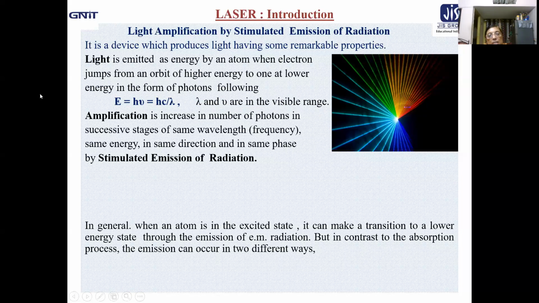These electrons revolve around the atom in certain specified stable orbits. Now, when electrons rotate in these orbits, the energy of the atom remains fixed. But if electrons jump from a higher orbit to a lower orbit, what is happening? You can say the electrons are jumping from a higher to a lower energy state.